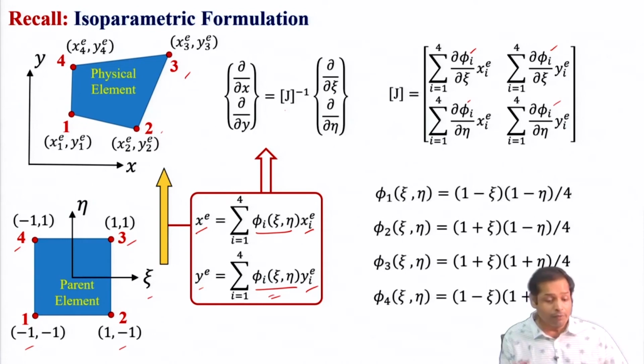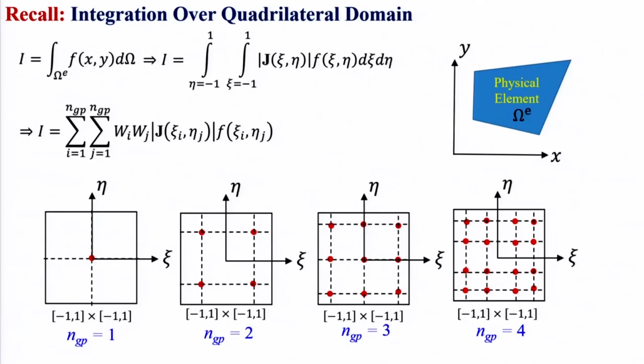So we already know for a 4-noded quadrilateral, these are the shape functions, right? So now what we'll do is we will use these shape functions to get the Jacobian, and once we have the Jacobian, through this transformation, we will write the derivatives with respect to x and y in terms of derivatives with respect to xi and eta. So this we know.